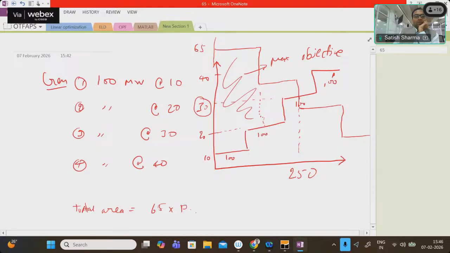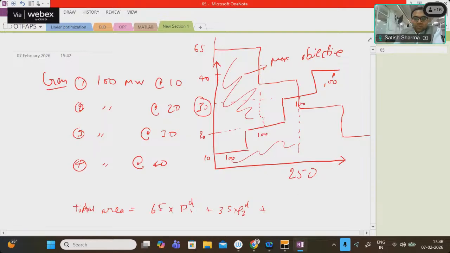So that is 65 into P1 plus 35 into P2, and actually demand, so P1D and P2D.